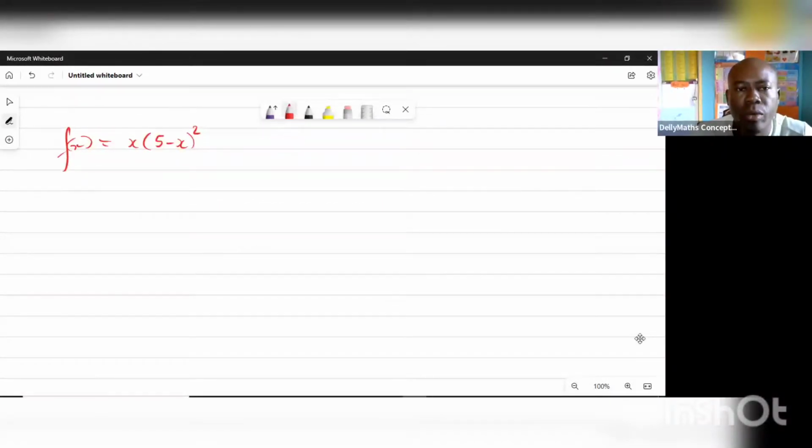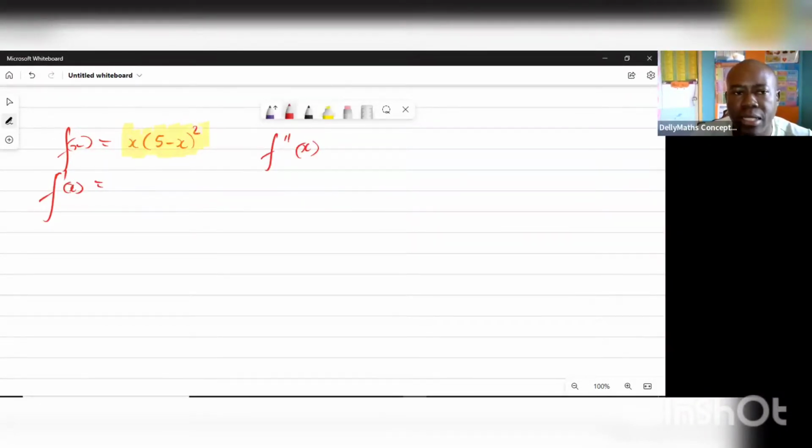And we want to determine the double derivative there. So what we're going to do is take the first differential first. But before we do that, we could break this down into some polynomial things.